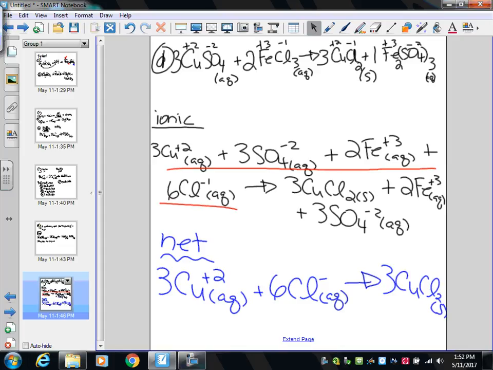I'm gonna skip G, just because I know that both of them are soluble, so I'm gonna go to the J one just so that we have practice with it, okay?